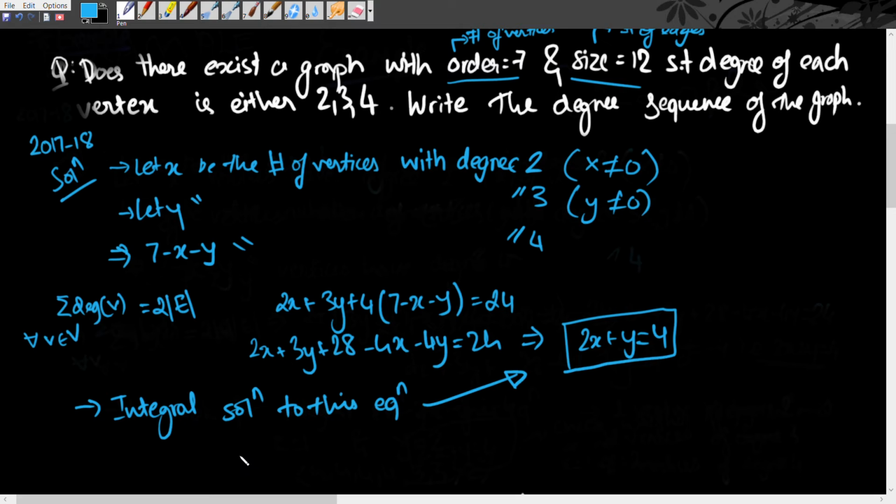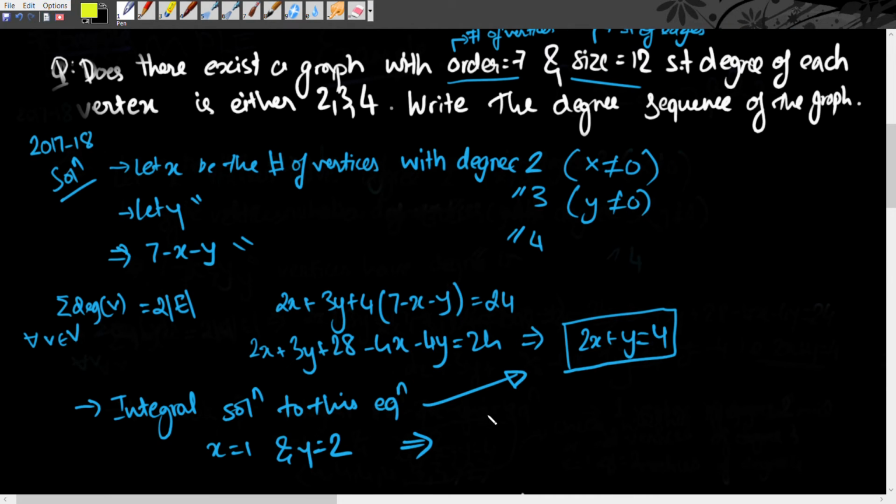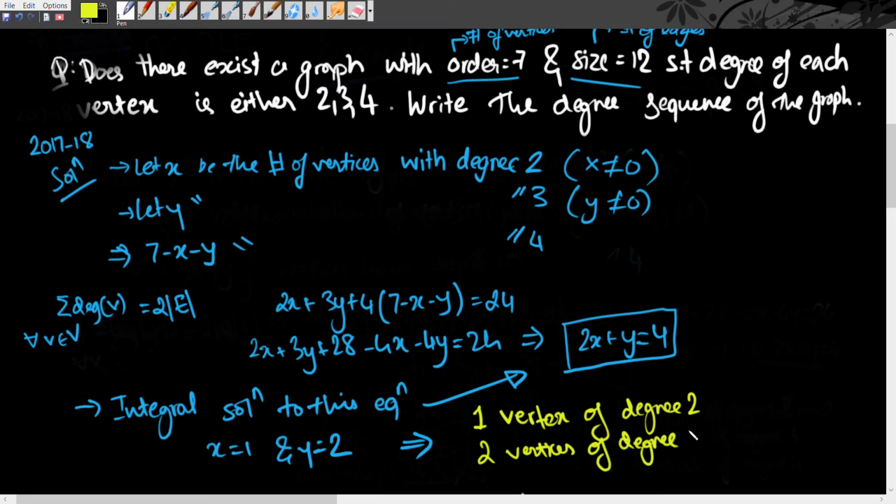So one particular solution is that x equals 1 and y equals 2, which means that we have our answer as one vertex of degree 2, 2 vertices of degree 3, and 7 minus 2 minus 1 equal to 4 vertices of degree 4, right?